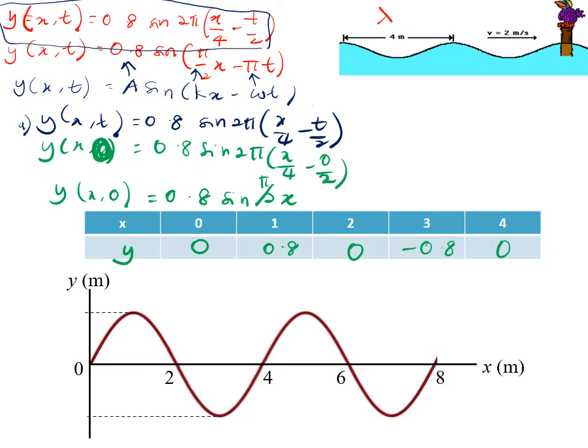So from the equation 0.8 sine pi over 2 x, you can sketch a graph which shows that the amplitude is 0.8 meters, the lowest is negative 0.8 meters, and lambda is 4 meters.